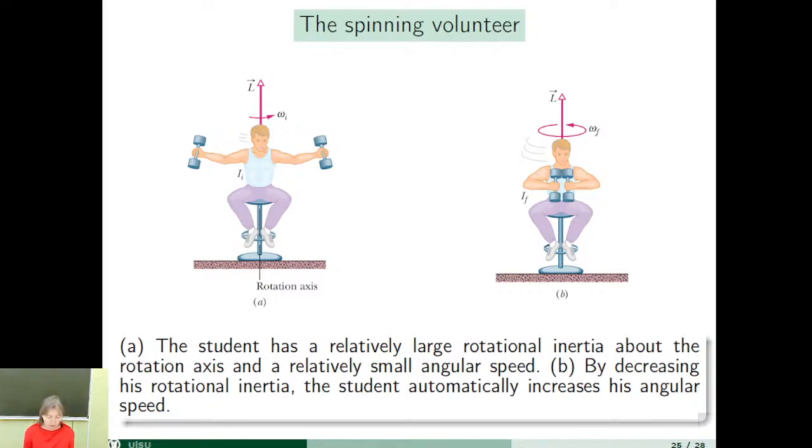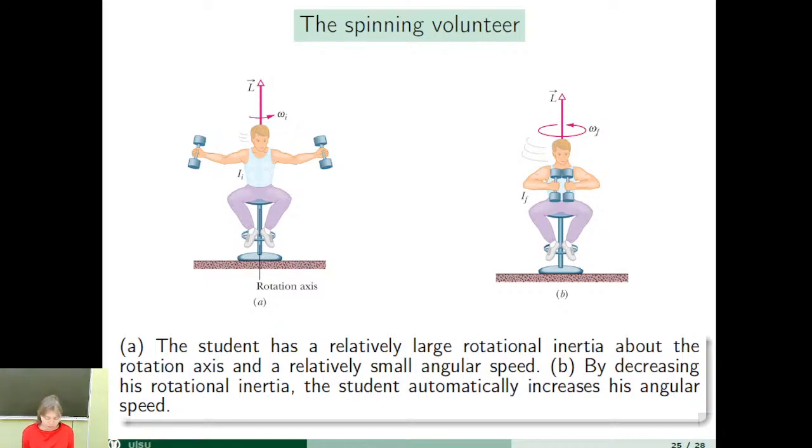The student can then slow down by extending his arms once more, moving the two dumbbells outward. No net external torque acts on the system consisting of the student, stool and dumbbells, so the angular momentum of that system about the rotation axis must remain constant no matter how the student maneuvers the dumbbells.